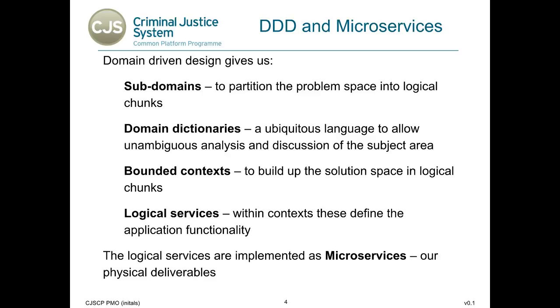The most obvious to technical people on the program will be the fact that we split the business domain up into bounded contexts, which encapsulate a separate part or a subpart of the domain, and then we implement those bounded contexts through a series of logical services. And the crucial point is that those logical services translate physically into microservices. Those are the physical deliverables that we as developers produce.